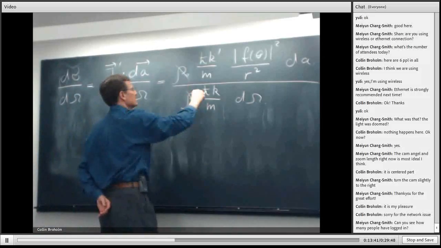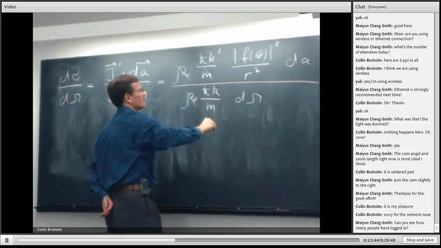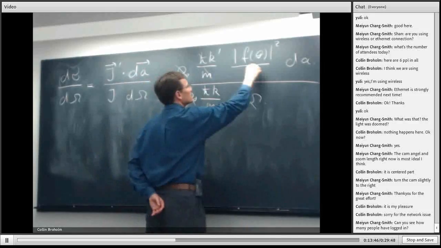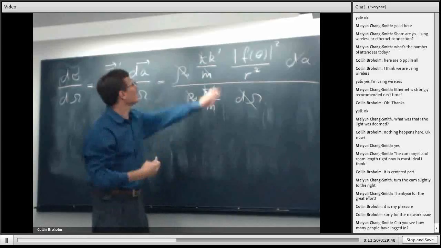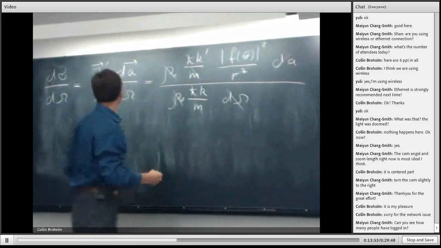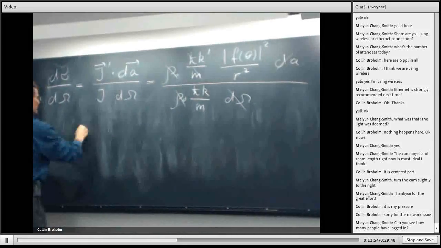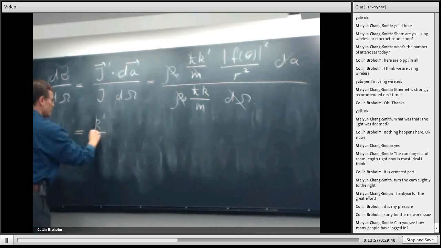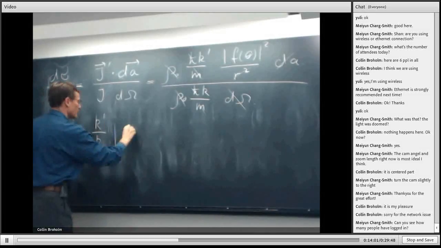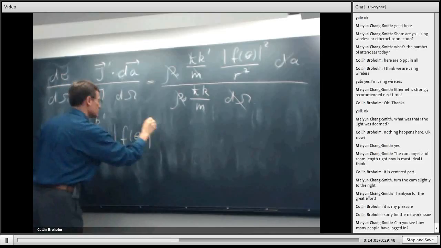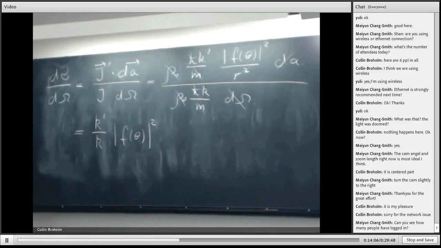The density cancels, all these fundamental constants cancel. D omega cancels with dA over r squared, which is the solid angle, and this stays around, as does this ratio of k prime over k. So I get k prime over k times the absolute value of f of theta squared, the scattering amplitude squared.